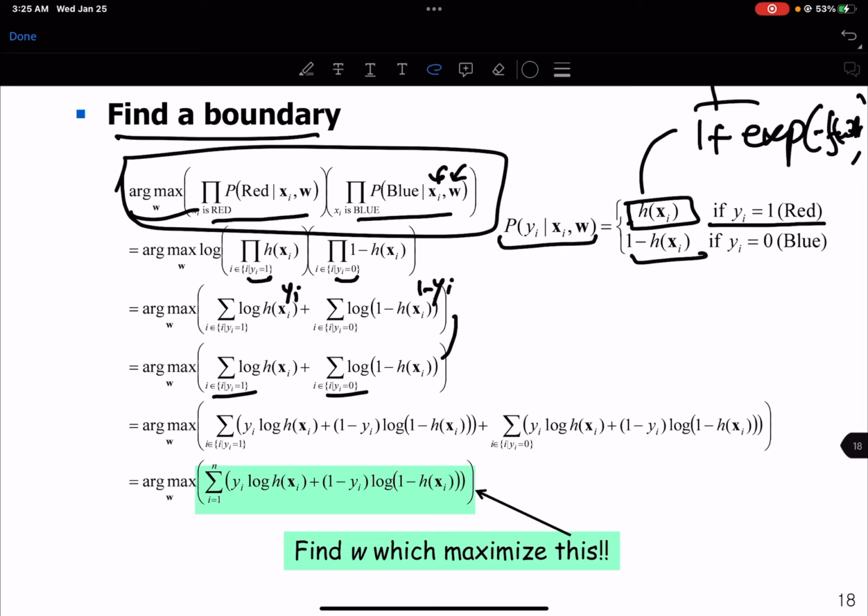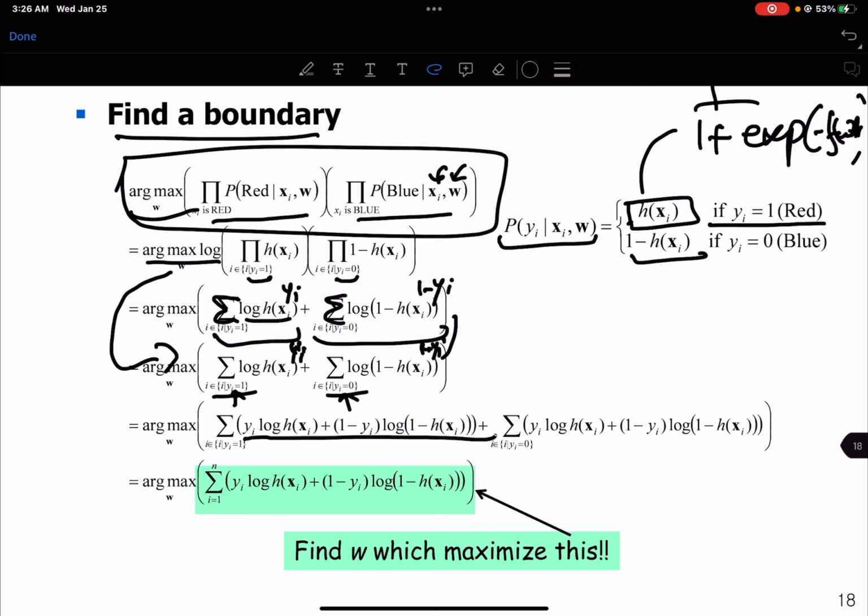Once you take the log transformation of the likelihood function, it can be simply represented in this form. If we take the log transformation, then you can convert the product into a summation and have the log values over here. Since we have h of x_i and the 1 minus y_i multiplier, this is for y equals 1, and this is for y equals 0.